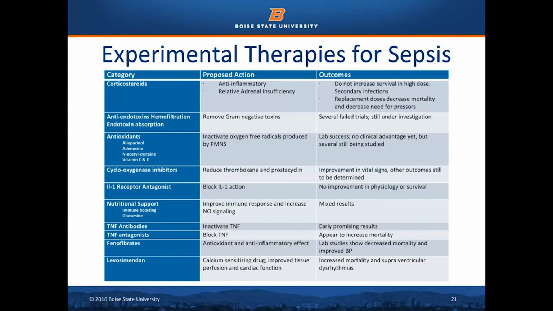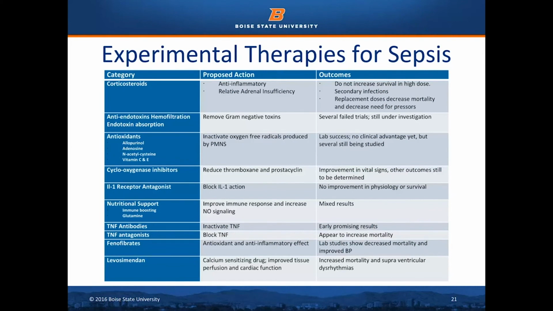Hemofiltration to remove endotoxins with endotoxin absorption has, in some individual studies, been shown to be useful, but usually by the time it's done, the damage is done. So it's like closing the barn door after the horses have escaped.